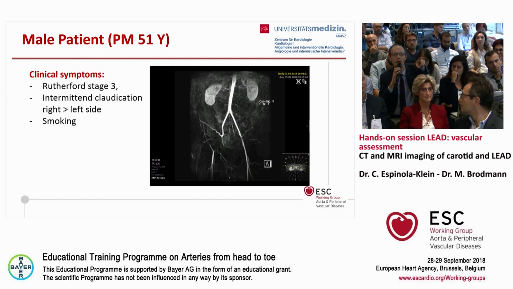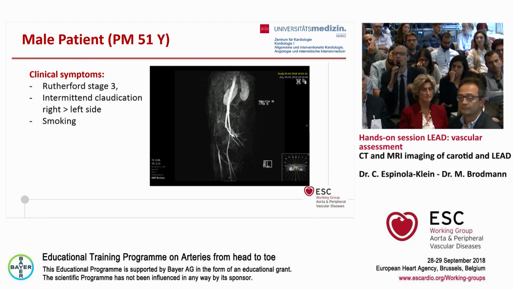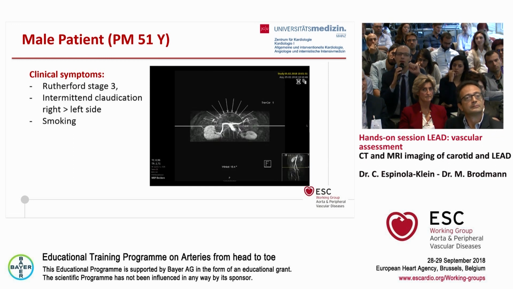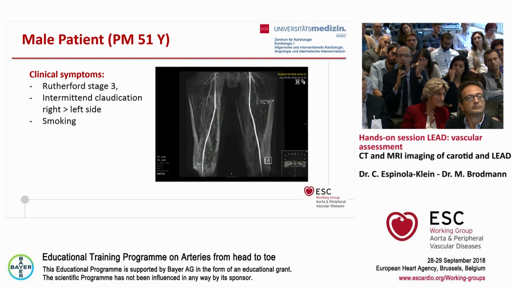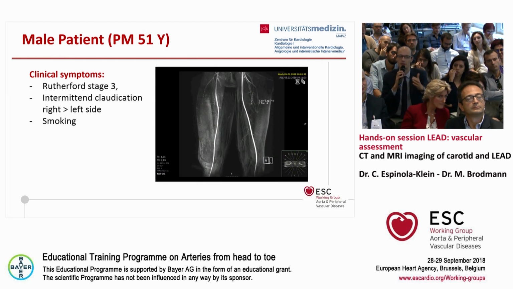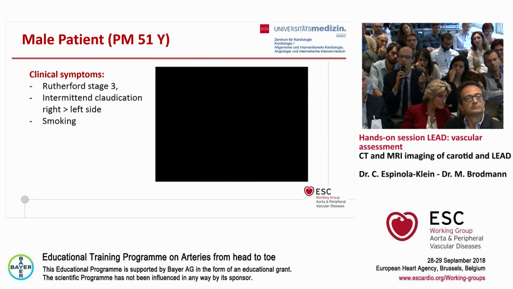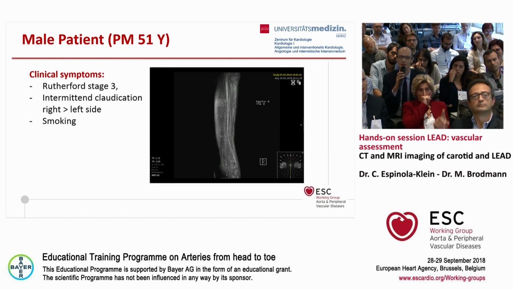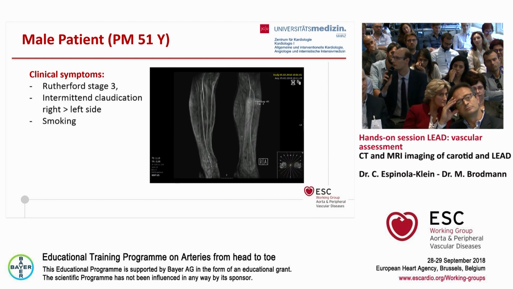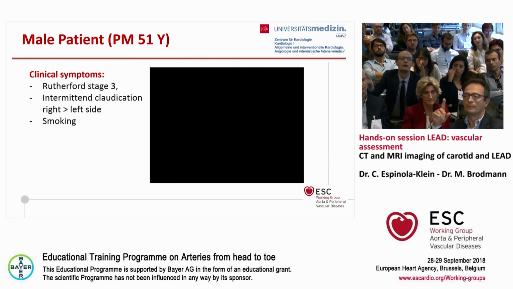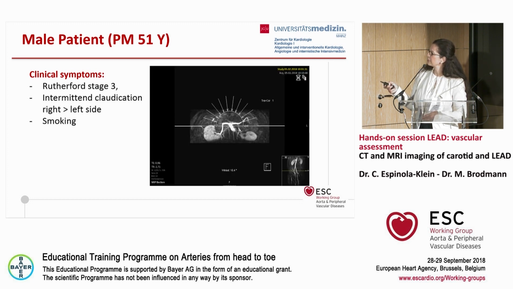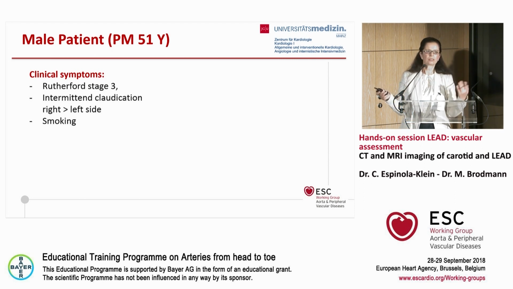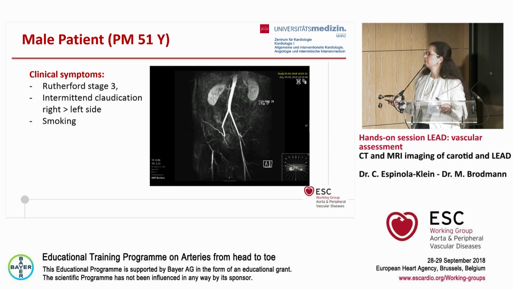But here I don't know why he has a left side claudication, and I will try to look if he has a stenosis of the external iliac artery, and then maybe I will discuss with a surgeon, after controlling the risk factors, an aortofemoral bypass, because the patency is much higher than other revascularizations. Else, a location explaining this problem, and I think in this particular case you could discuss whether you want to add some additional imaging.